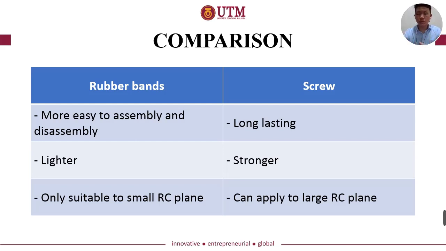The screw is very long lasting and stronger, and can be applied to large RC planes. But in our case, we decided to use the rubber band method because our aircraft is not that big, and we are planning to reduce the weight of the aircraft.